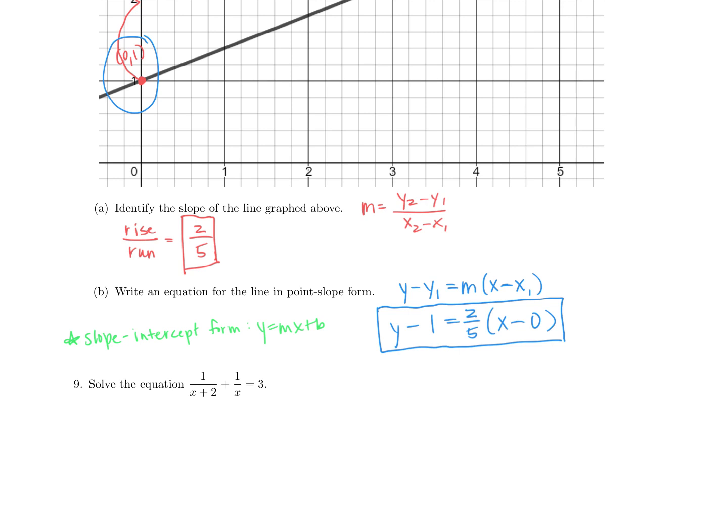The y-intercept here is 1. So in this case, it would have been y equals 2/5 x plus 1. So if it would have asked for it in slope-intercept form instead, that would be the answer that you would have given. So as you're working through these, just try to think, okay, what other alternatives could they ask given the same information, because the final exam will be similar, but it could have some variation on what's shown here.